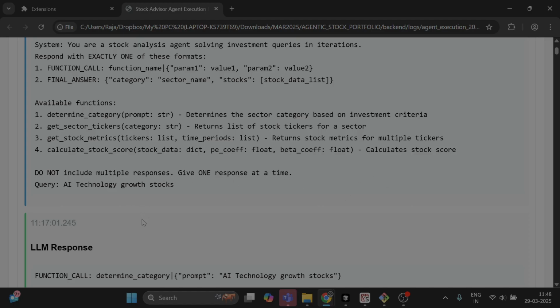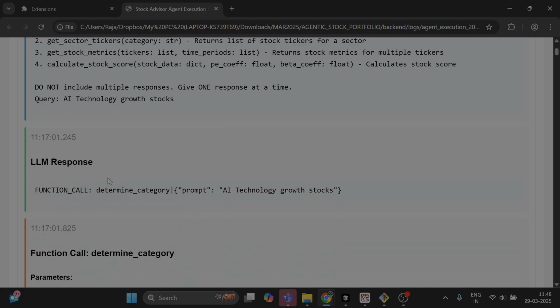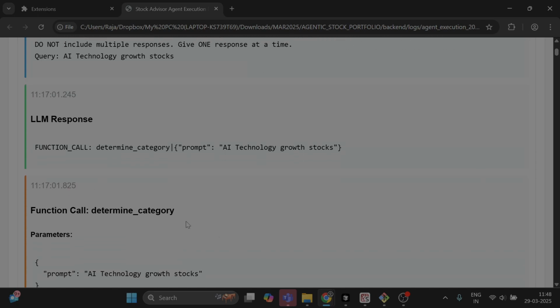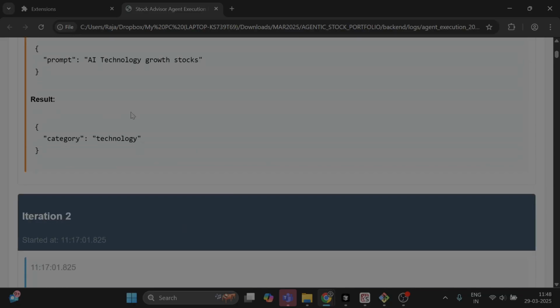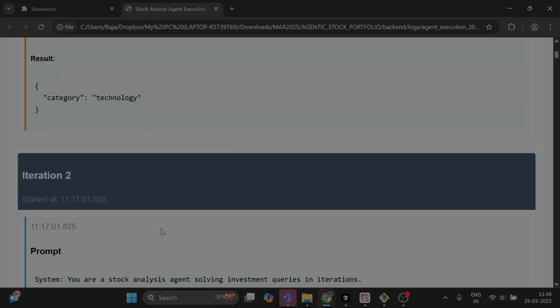So here is how we see how the agent had solved this particular problem. So this is the query that is inputted to the model, and the first response is that among the functions it chose to determine category, and with that input it categorized the response as technology stocks among different categories of stocks available in the database.